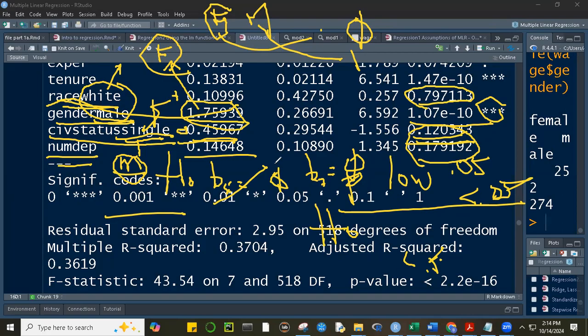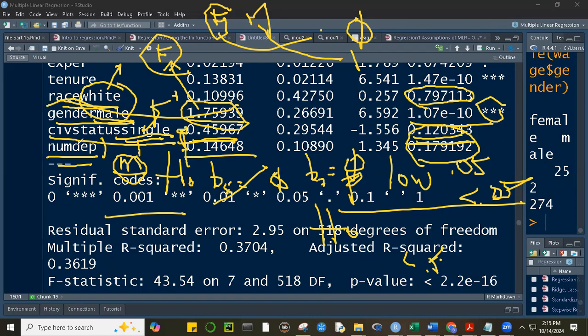how do we interpret this again, class? Okay. So, a number of dependents in terms of one unit yan, parang child, no? Pag nadagdagan ng isang anak. No? So, how do we interpret this? On the average, okay, one additional child, one additional dependent, okay, will mean a 0.146 increase in hourly wage ceteris paribus.